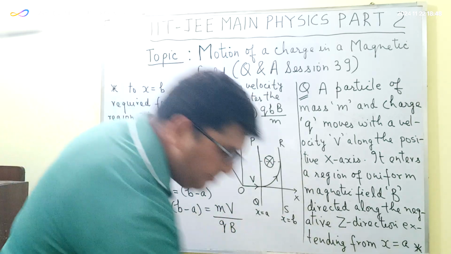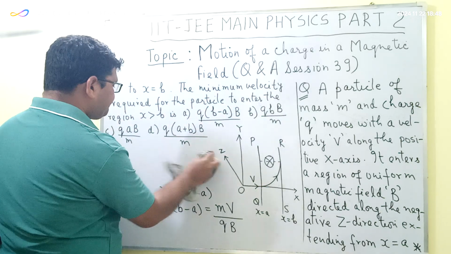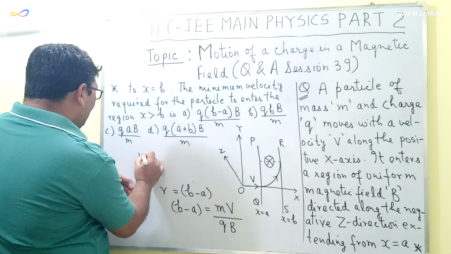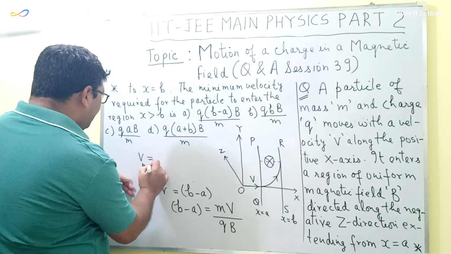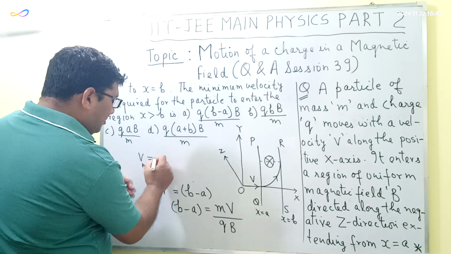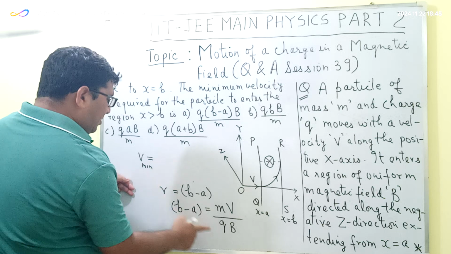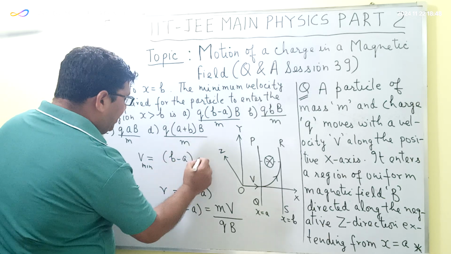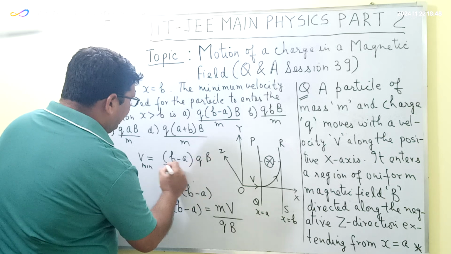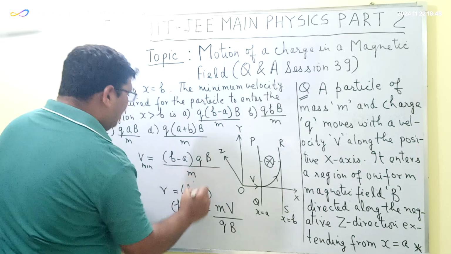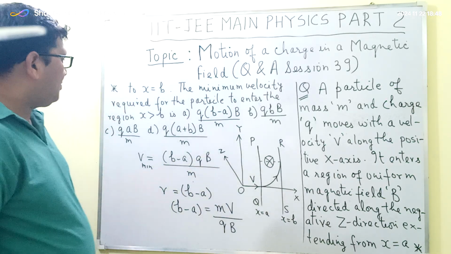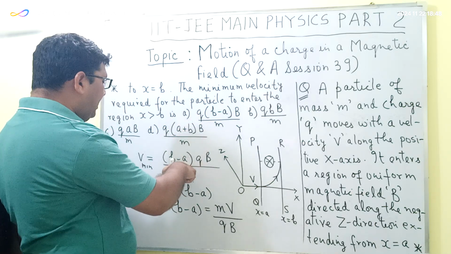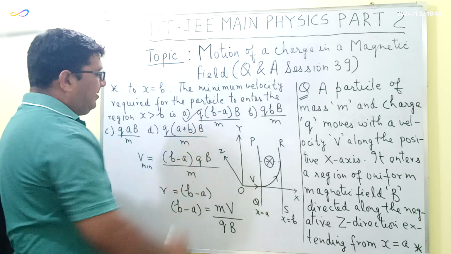So from this equation, I can say the minimum velocity v will be equal to (b minus a) into qB divided by m. So the correct option here is A, (b minus a) into qB divided by m.